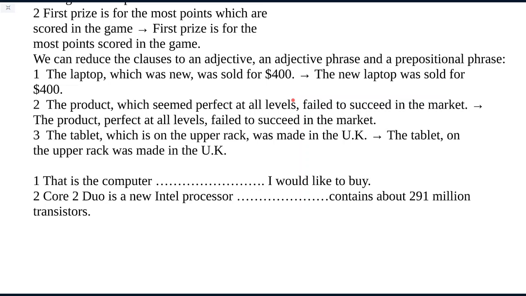It is needed. So Core 2 Duo is a new Intel processor which or that contains about 291 million transistors. Is it clear? I suppose. Thank you. All right.